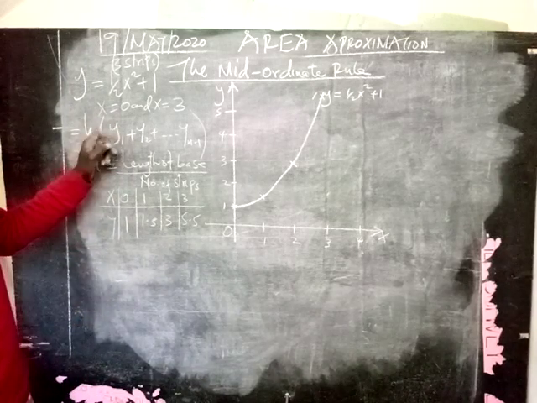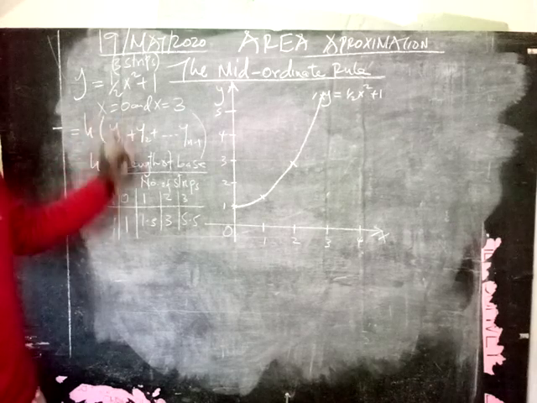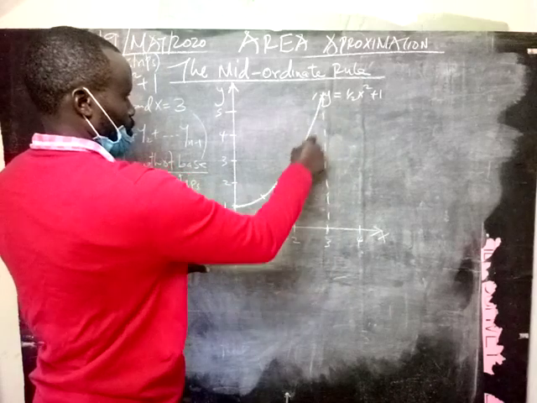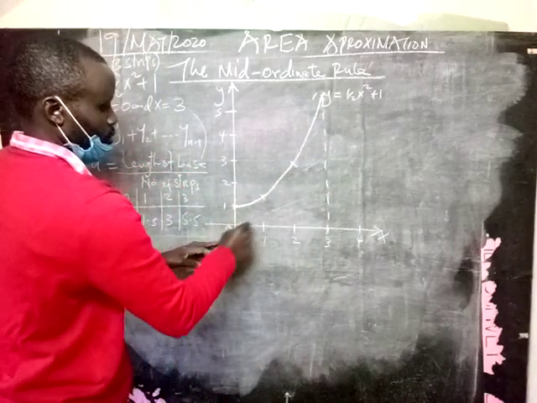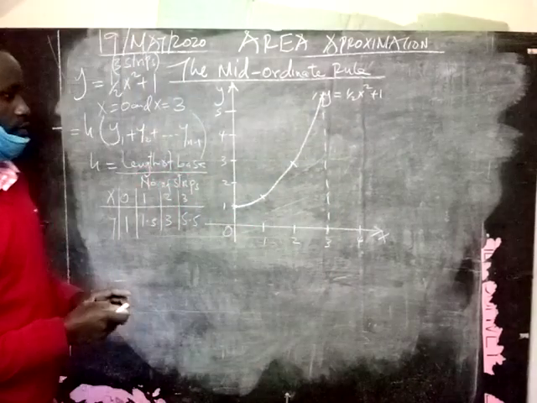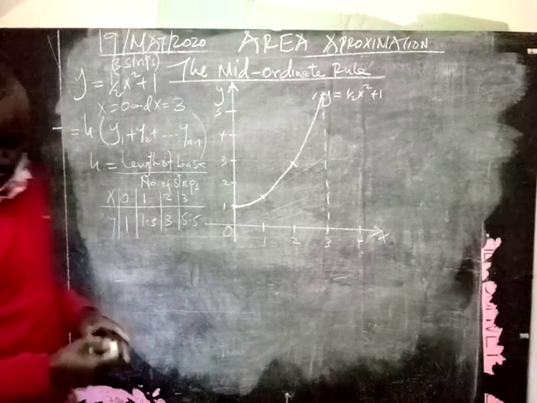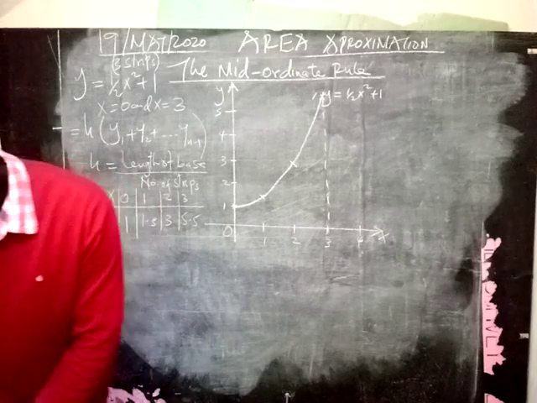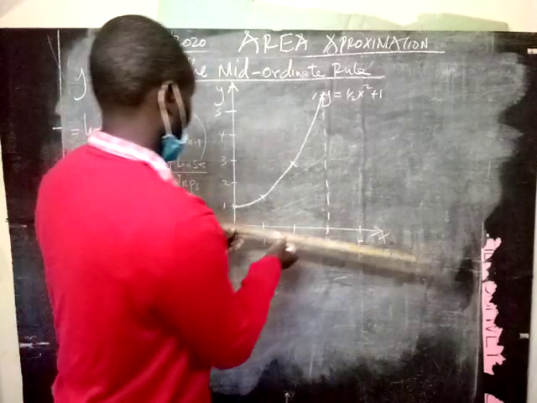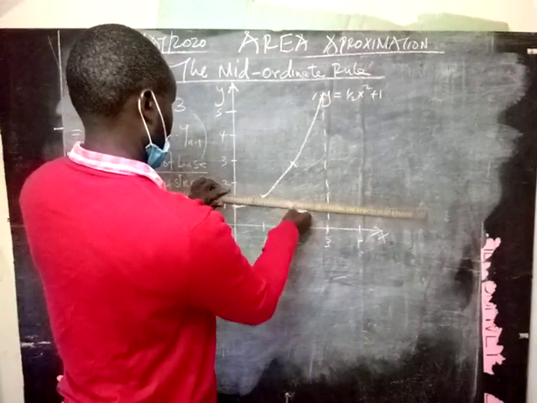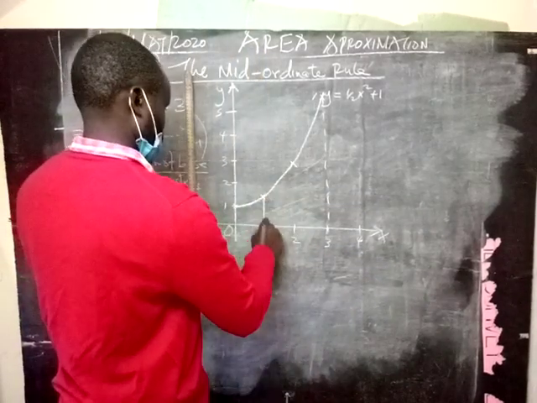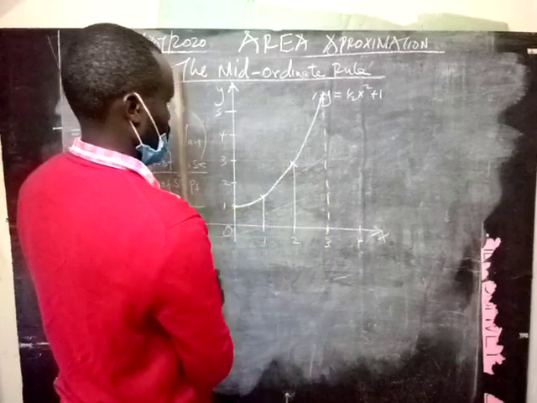Now we want to find the area from x equals to 0 to x equals to 3. So all this is the area that we're looking for. So we are going to have the ordinates. For this case we are going to join, first here, here.